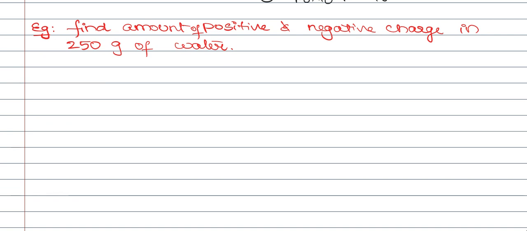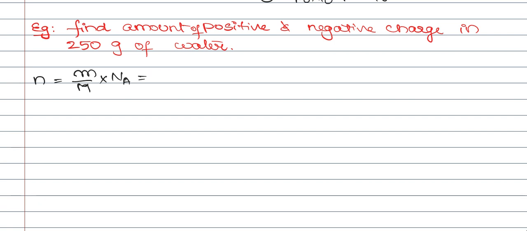How do we find it? We use the concept of number of moles, that is mass by molar mass, into Avogadro number, which gives the number of atoms or particles.